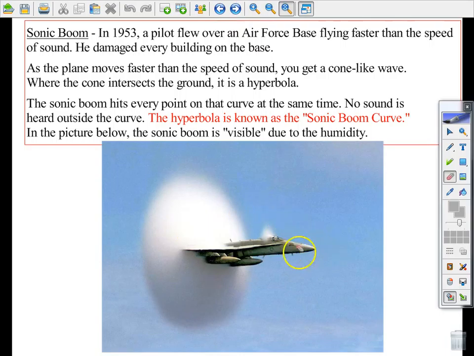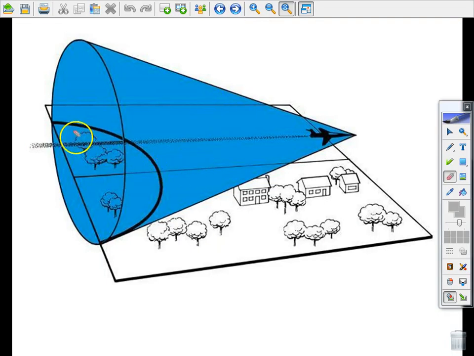The actual hyperbola equation is known as the sonic boom curve because the actual sonic boom, you might know that's when we exceed the sound barrier, when a jet or some other vehicle goes faster than the speed of sound, it creates this sonic boom. And that sonic boom is actually produced if the jet, in this case, flies completely horizontal to the ground. It produces a hyperbolic shape.